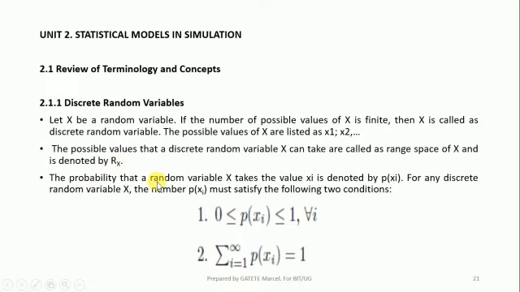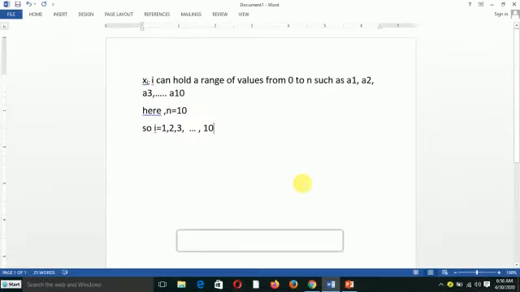The probability that a random variable x takes the value xi can be replaced by any numerical number. For example, it can be x0, x1, x2, x3. So the probability that x will take a value x0, for example, I am having a different range of numbers, and then let's see an example here.